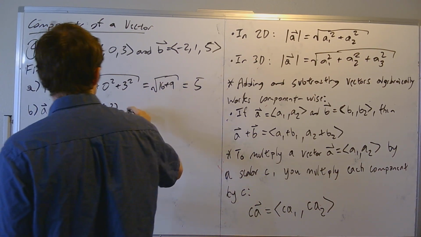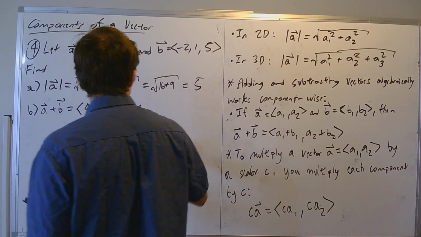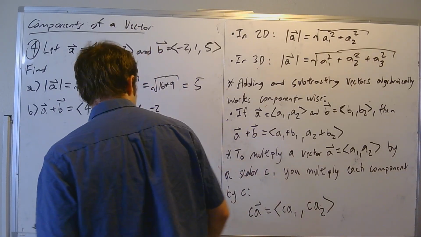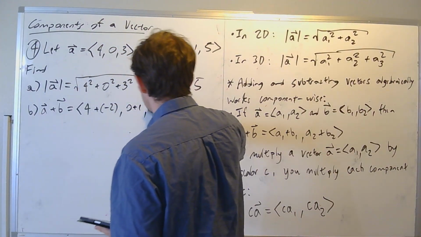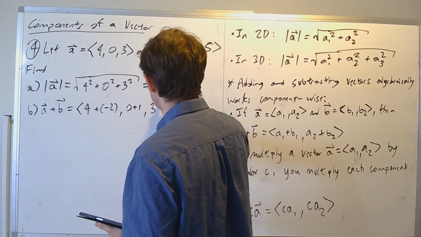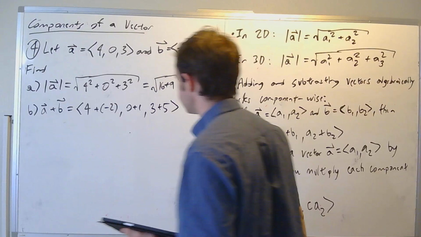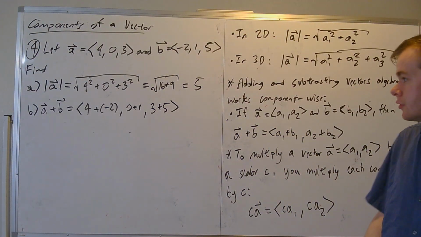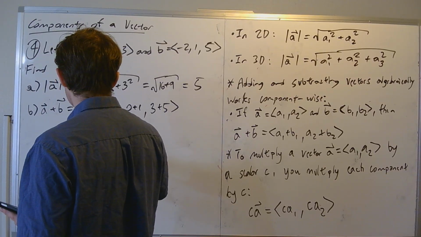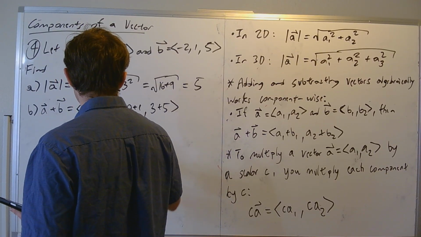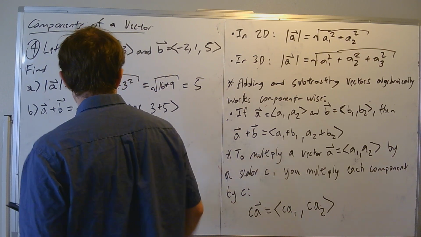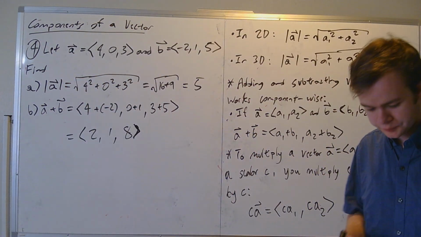Our second entry is 0 plus 1, and our third entry is 3 plus 5. Okay. And now we just add everything together, and we're going to get 2, 1, 8. Okay, so that would be our answer.